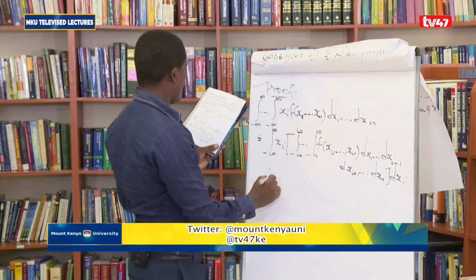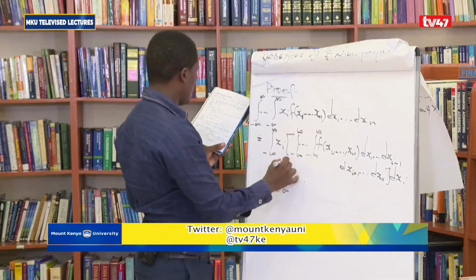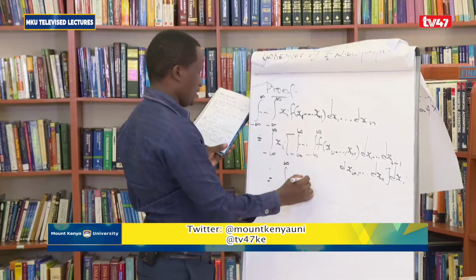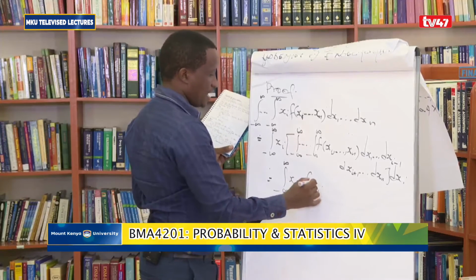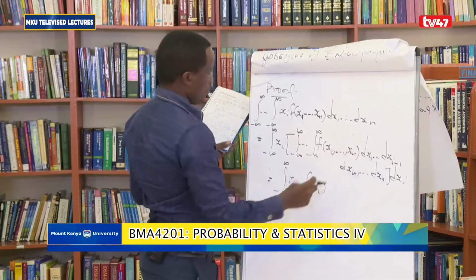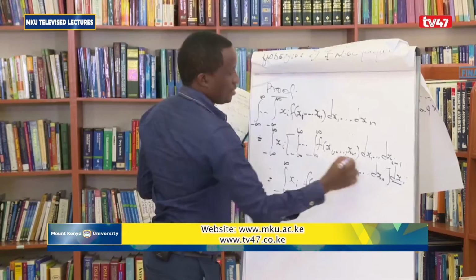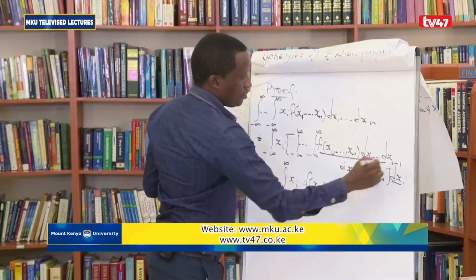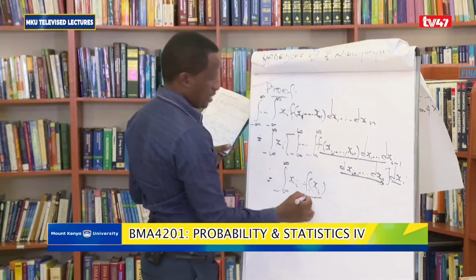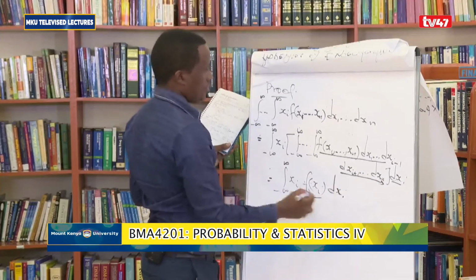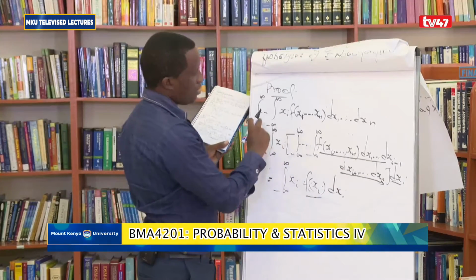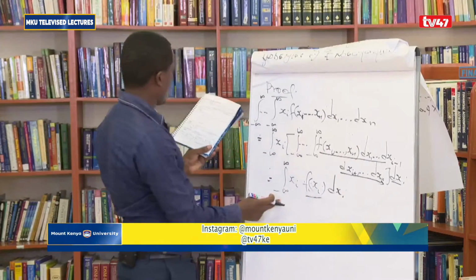So this is the same as the integral from negative infinity to infinity of xi, then fi of xi, this part here. The whole of this inner integral is just the marginal density, then dxi.